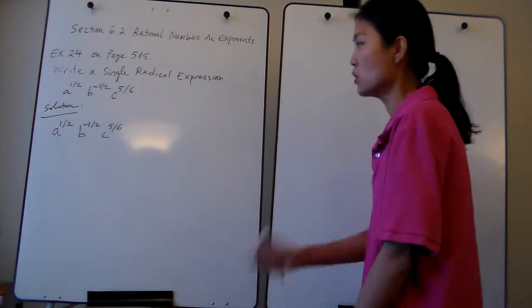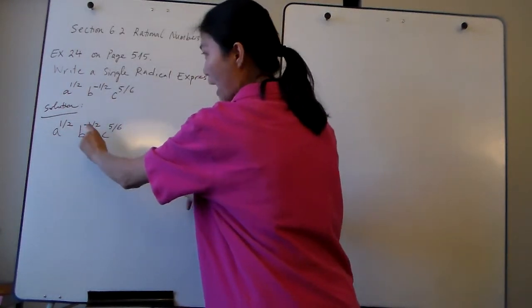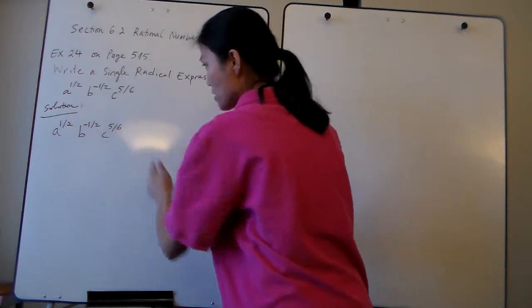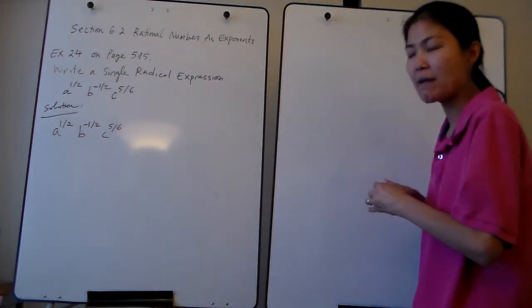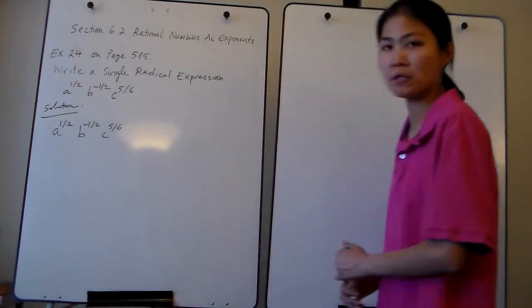That means all the exponents, 1/2, -1/2, 5/6, must have the same denominator, because these are rational exponents.